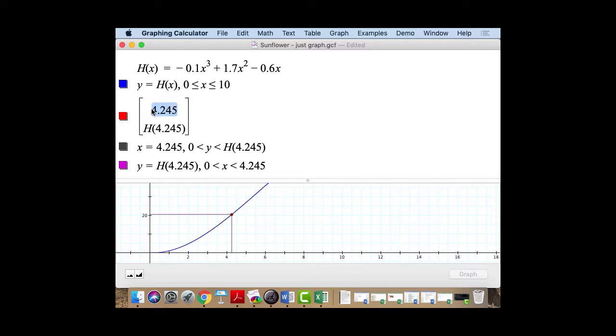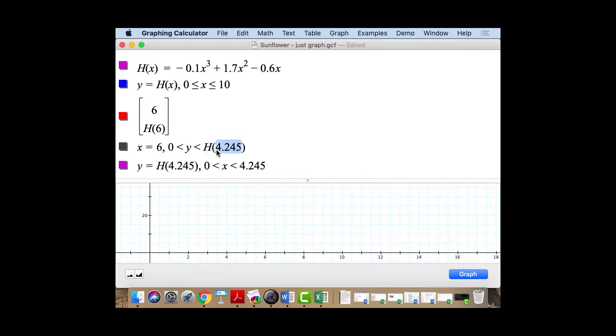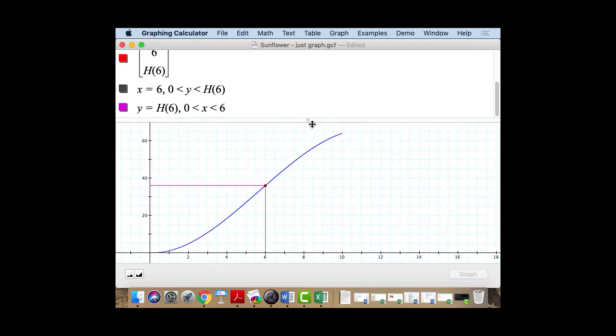If I change this to 6, it should be the same sort of thing, but going through a different point. Right? It's going to go through 6 comma h of 6.